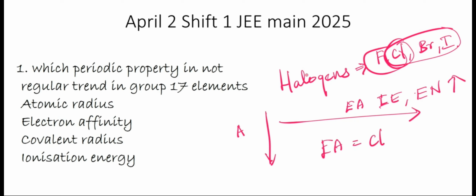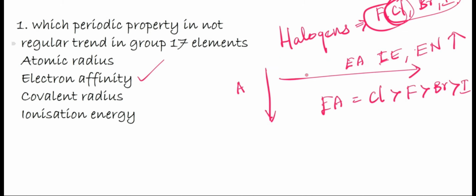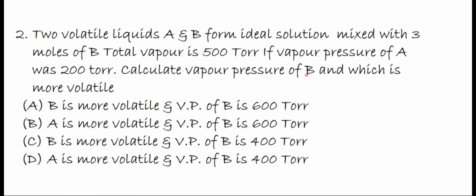So the order is chlorine has more electron affinity, then fluorine, then bromine, then iodine. So it's not a regular trend for electron affinity because of the smaller size, so the electron repulsions will be there. Okay. Then moving on to the next question.